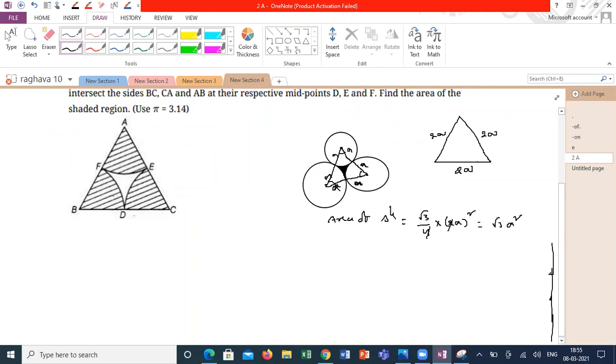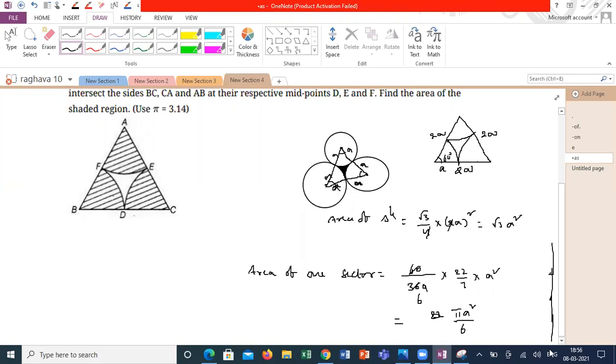And when it comes to the arcs, there are three arcs like this. Each arc is 60 degrees with a radius of a. So area of one sector is 60 by 360 into pi r square, which is pi a square by 6.